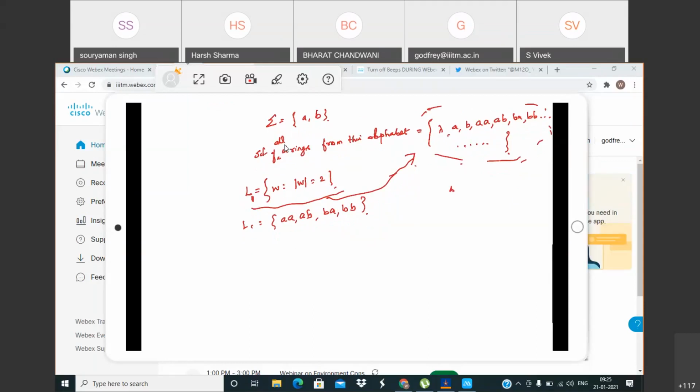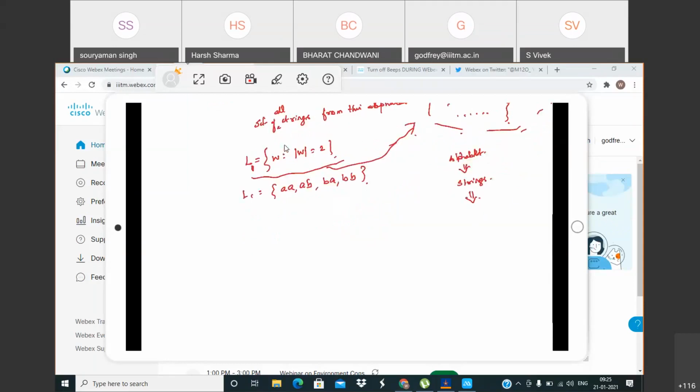I have an alphabet, and from the alphabet I have strings. Strings are formed using the symbols of the alphabet. From the strings, I define the language.